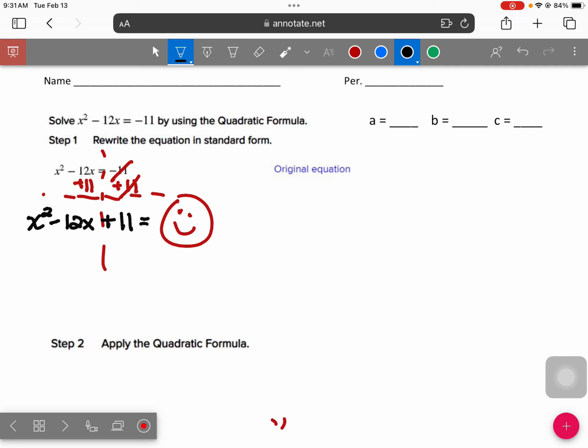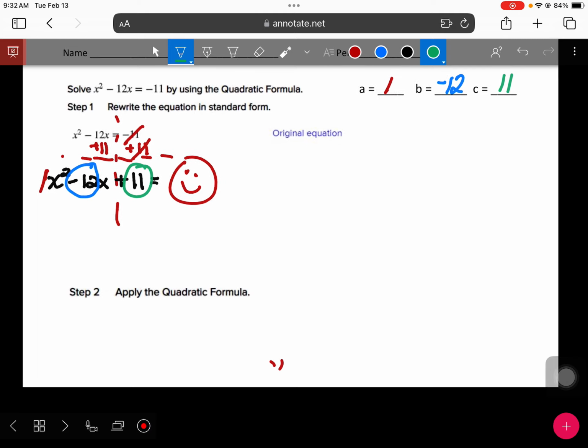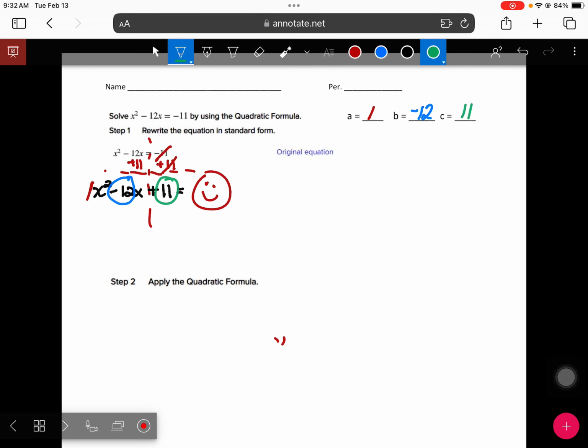You also want to make sure you have it in standard form because you have to correctly identify A, B, and C. So what is my A value here? 1. 1 out front. How about my B value? -12. Make sure you're looking at the sign. And C is +11. Very good.